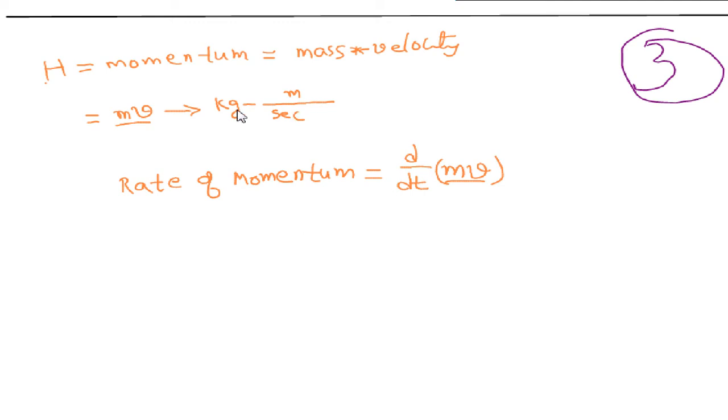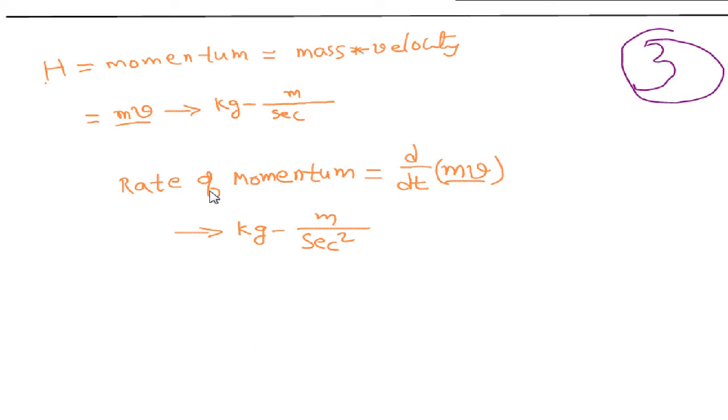Momentum has units kg meters per second, and we are dividing by another time duration dt. So the units will be kg meters per second divided by another second, and so kg meters per second square.